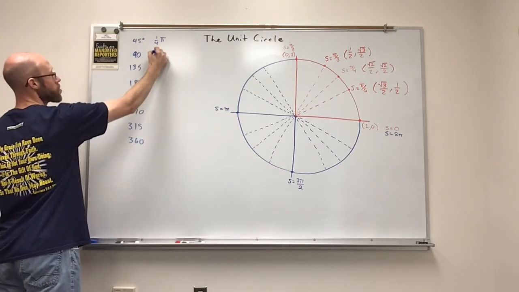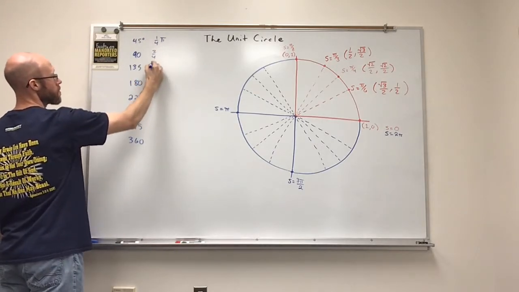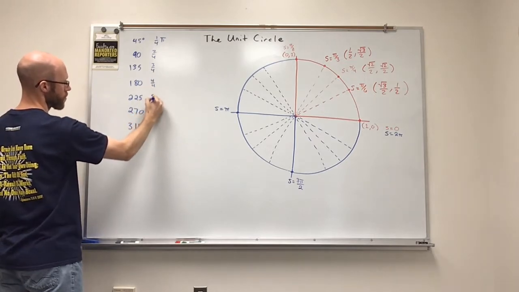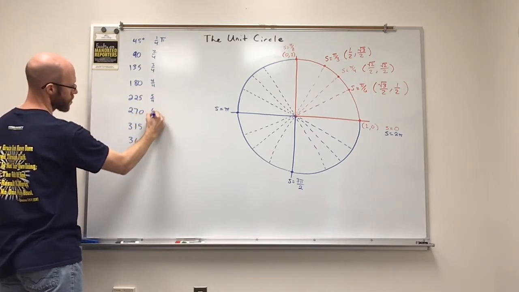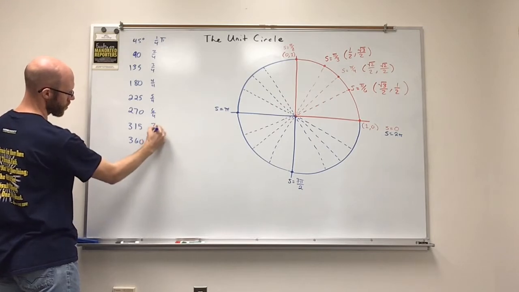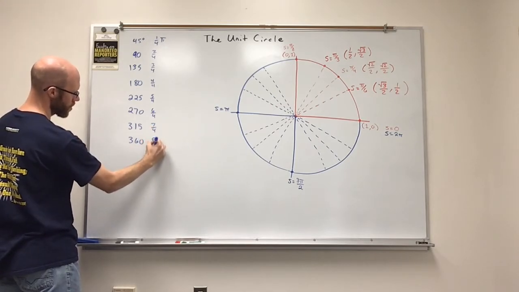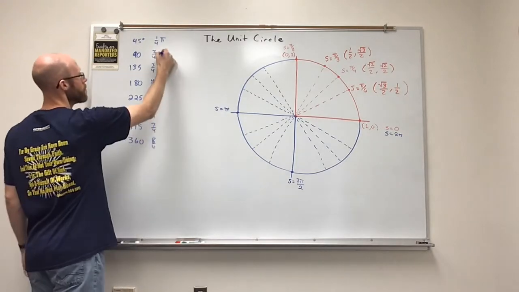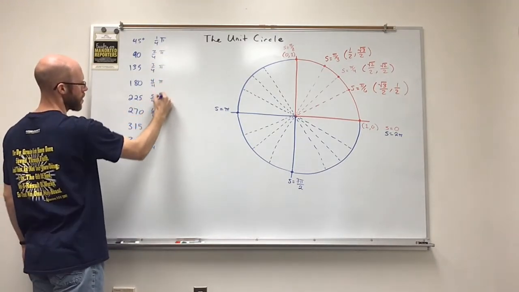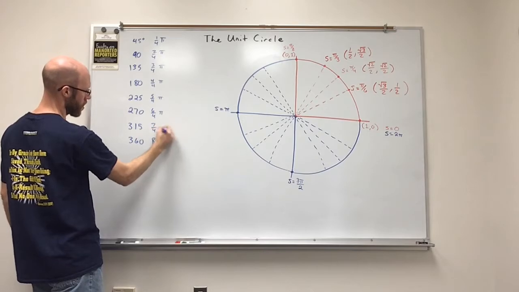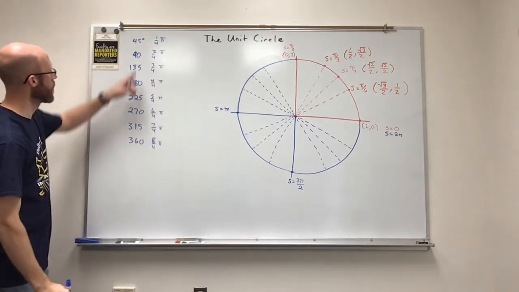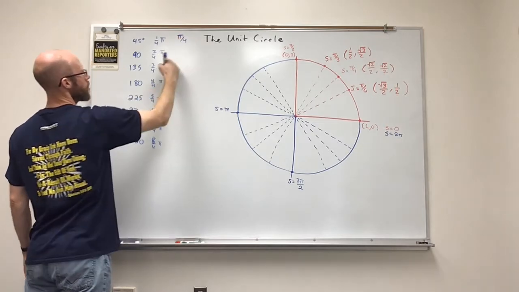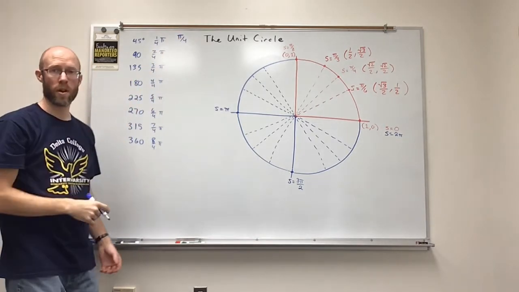So 90 is 2/4, 135 is 3/4, 4/4, 5/4, 6/4, 7/4, and 8/4. And of course, if I reduce all those and throw a pi on each one, then this is, of course, pi over 4. 2/4 is 1/2, right?